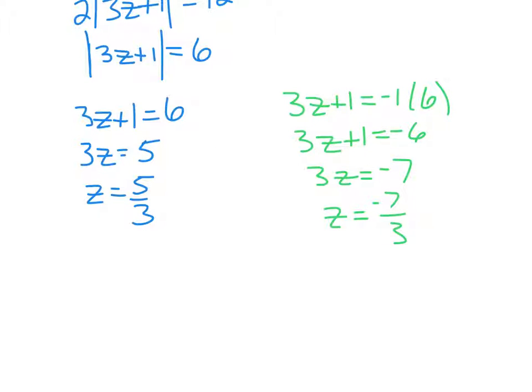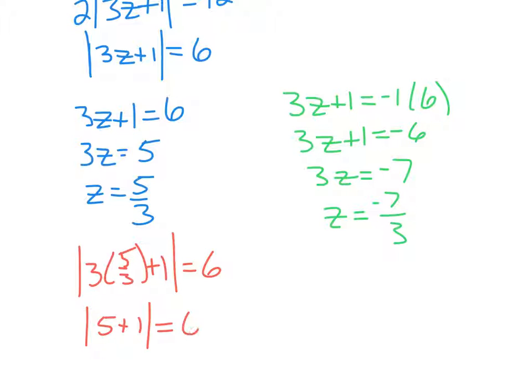So then we have the absolute value of 3 times 5/3 plus 1. And does that equal 6? Well, 3 times 5/3 is 5. The absolute value of 5 plus 1 does equal 6. So we're happy with that one. And we're going to check this final one.